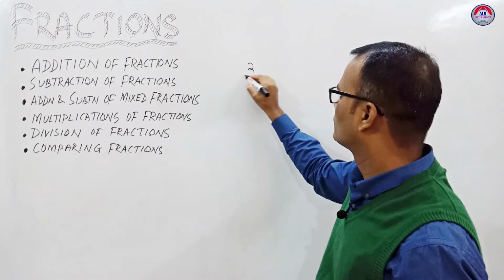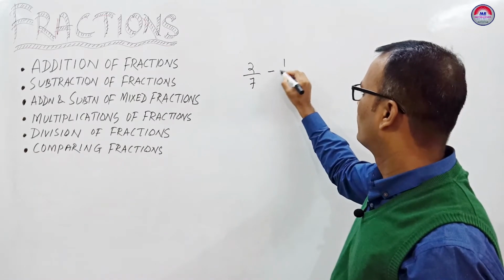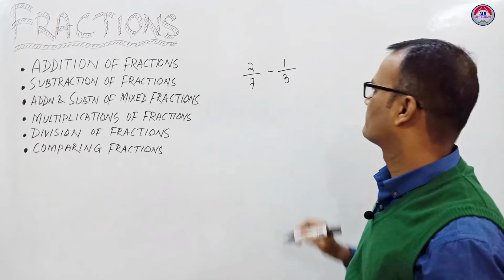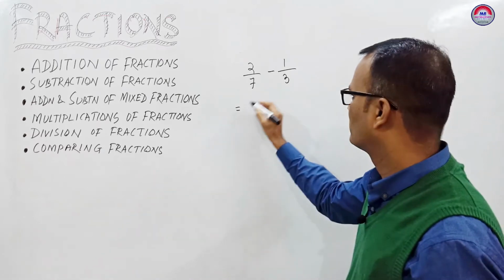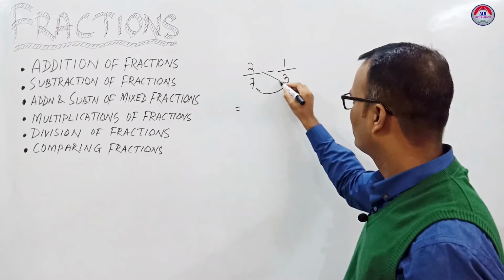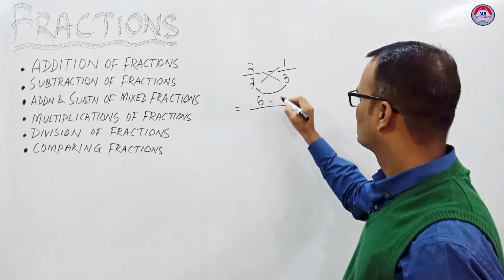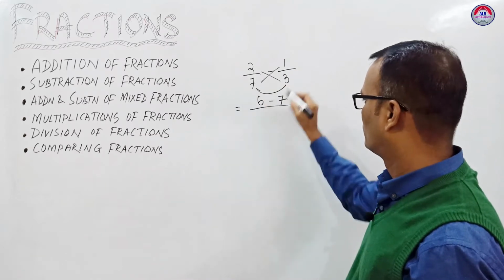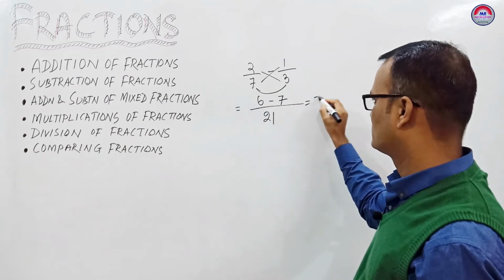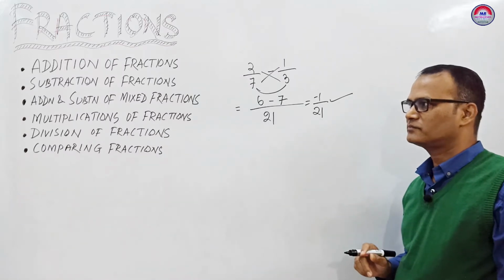Suppose I write 2 by 7 minus 1 by 3. You see here they are co-primes, then directly cross multiply. 2 into 3 is 6 minus 7 into 1 is 7, and the denominator is 21, so the answer is minus 1 by 21. This is the answer.